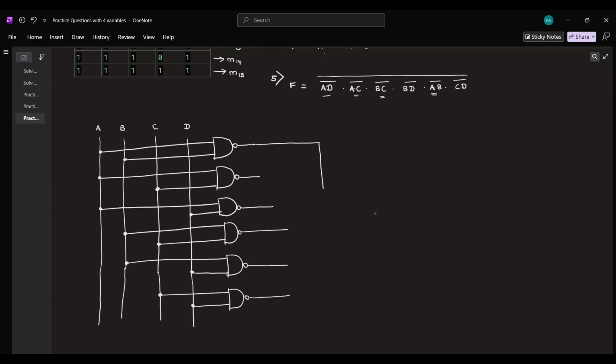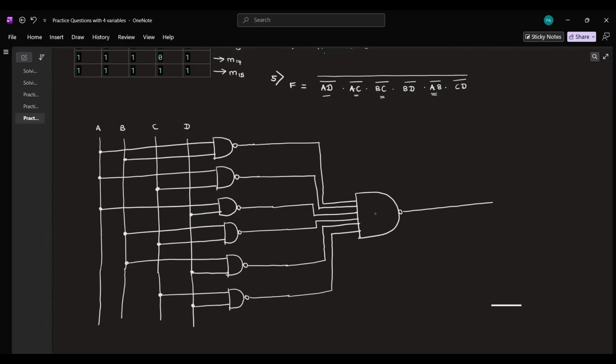And these will all go inside a single NAND gate. That's it. Now we will put them inside a single NAND gate, and we will have our output, which will be F.